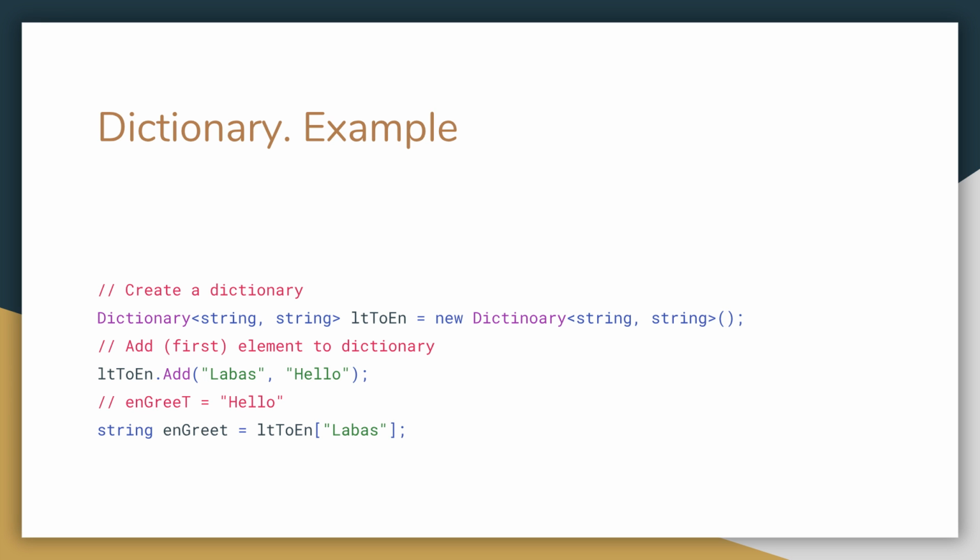Our key is labas, and that's our native word. And the translation will be hello. So using a key, we get a value. The first parameter in the add method is the key, and the second one is the value. So we added a key value pair, and by using a key, we get a value.